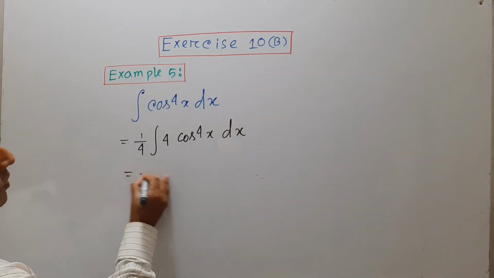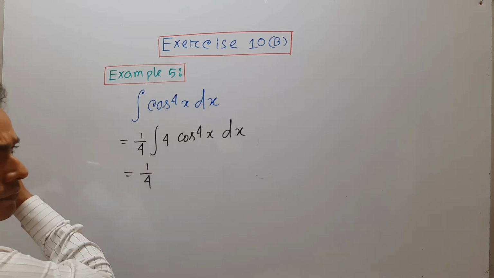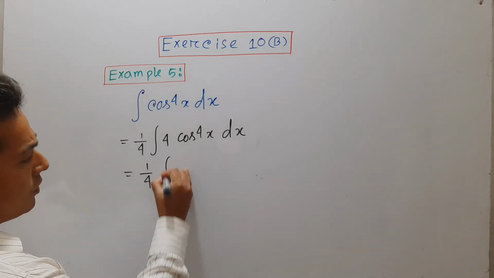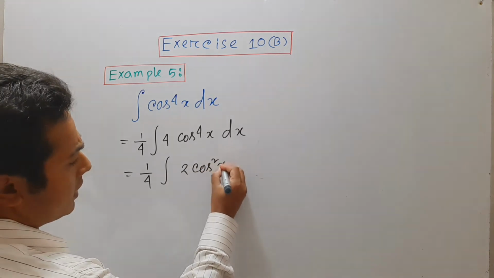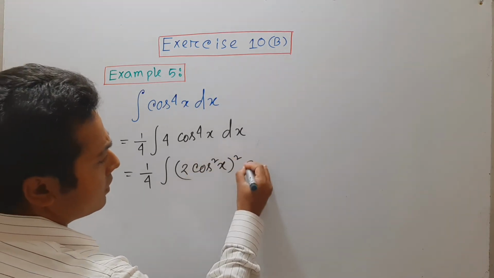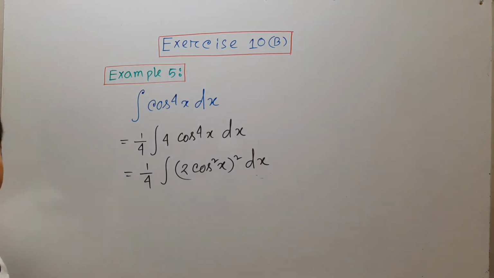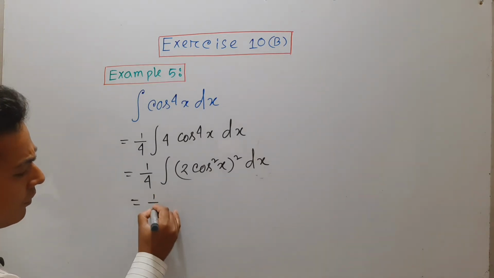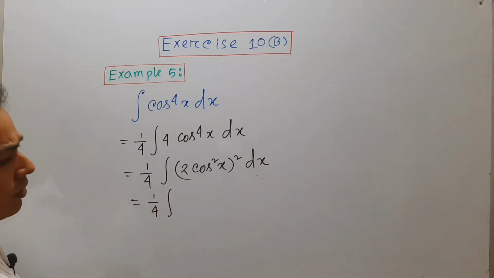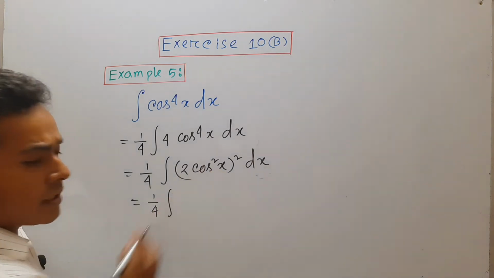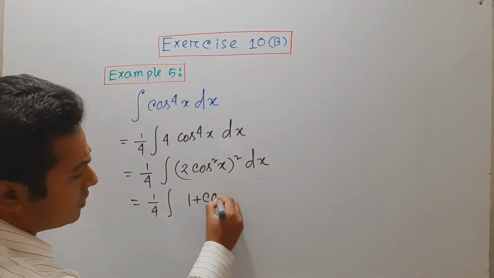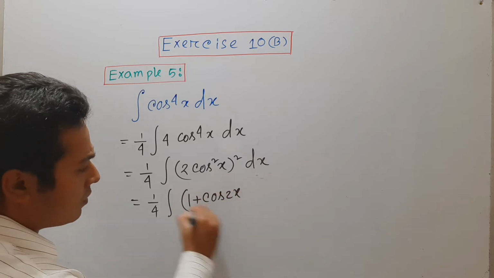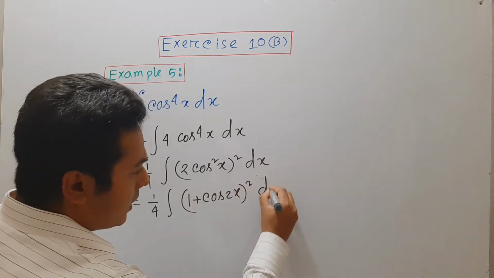Okay, so 1 by 4, we can write it 2 cos square x whole square dx, and 1 by 4 integration of 2 cos square x, we have a trigonometric formula, 1 plus cos 2x whole square dx.